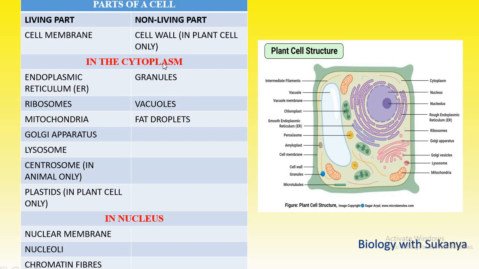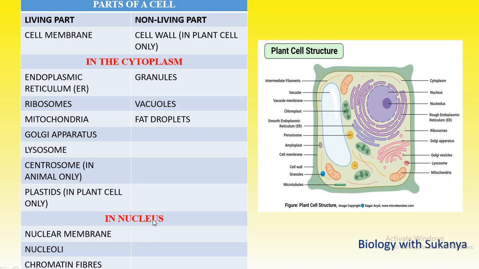So in the cytoplasm, the living parts are endoplasmic reticulum, which is also known as ER, ribosomes, mitochondria, Golgi apparatus, lysosome, centrosome, which is found only in animal cells, plastids, which is only found in plant cells, and the non-living parts in the cytoplasm are granules, vacuoles and fat droplets.